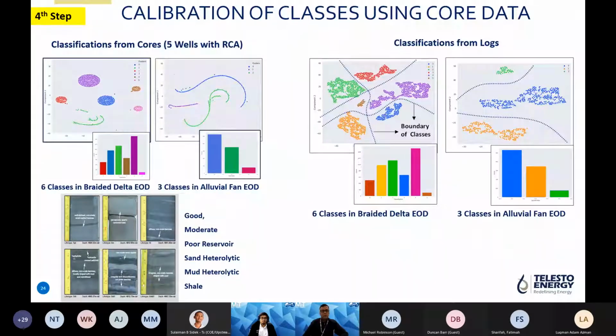And what we could see is a good match between the classification that was done from cores and routine core analysis data. You can very clearly see the similar distribution of lithofacies classes from the cores as well as from the logs, and this has also been compared with the core data, and the results are reasonably matching.